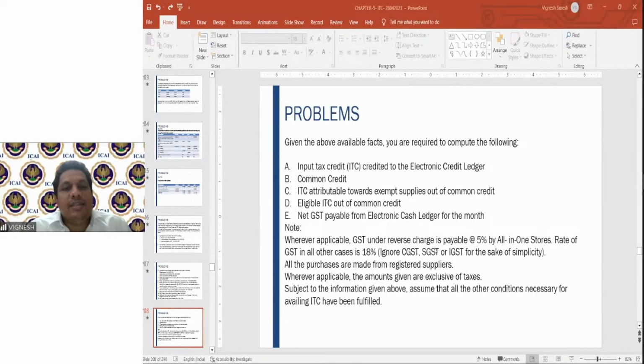Then you will have to calculate the eligible ITC. Then net GST liability is very simple: GST liability under forward charge. Reverse charge is also there in this question, so the reverse charge mechanism will be applicable. And with that, we'll get the balance calculation. Okay, please try to work this out.